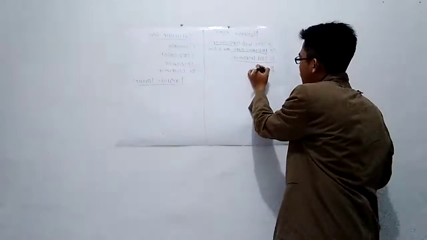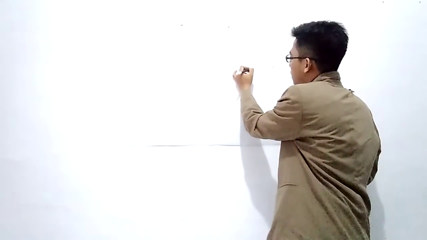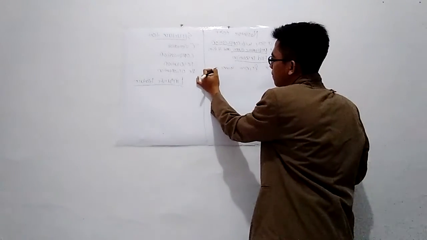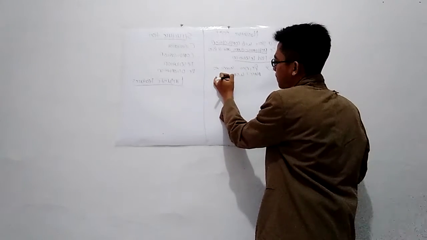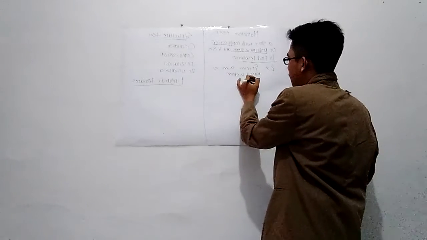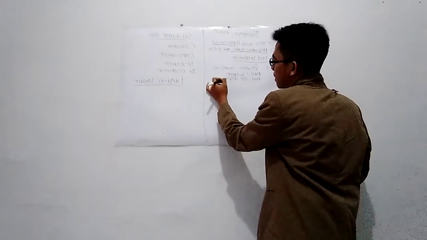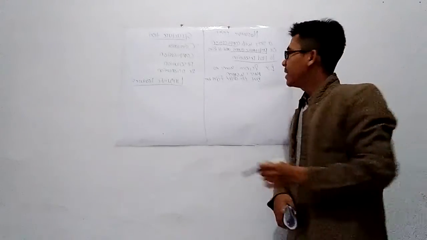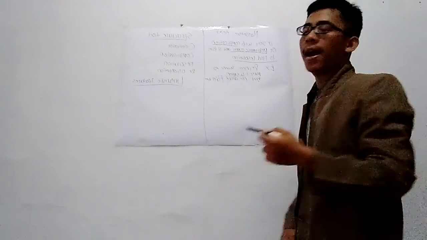What does that mean? Okay, for example, a prince wants to marry a woman, but he didn't find her. This is the problem. The problem is the prince wants to marry a woman, but he didn't find her.